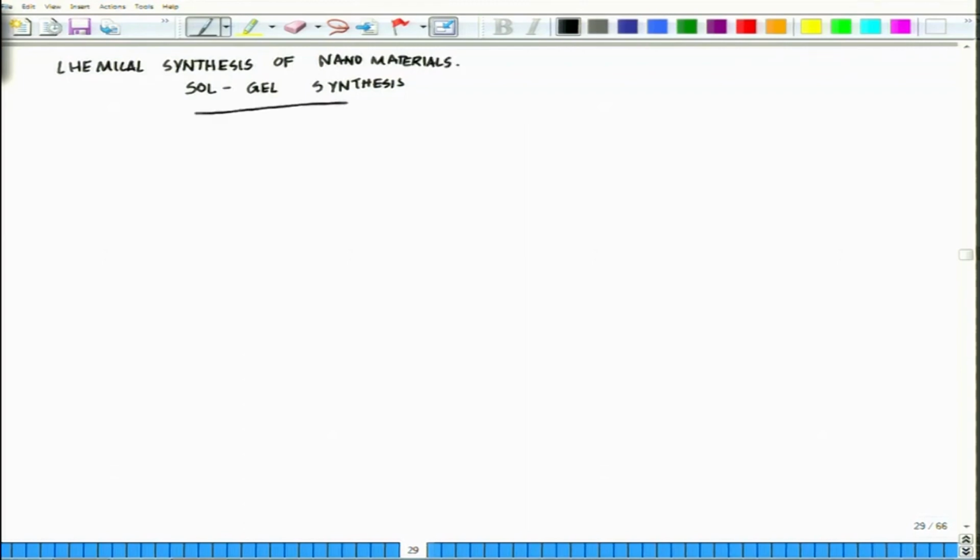So, in the sol gel synthesis, there are 2 types of components: a sol, which is a colloidal suspension of solid particles in a liquid. So, basically you have a sol here, which has these colloidal particles all over the place in a liquid suspension.